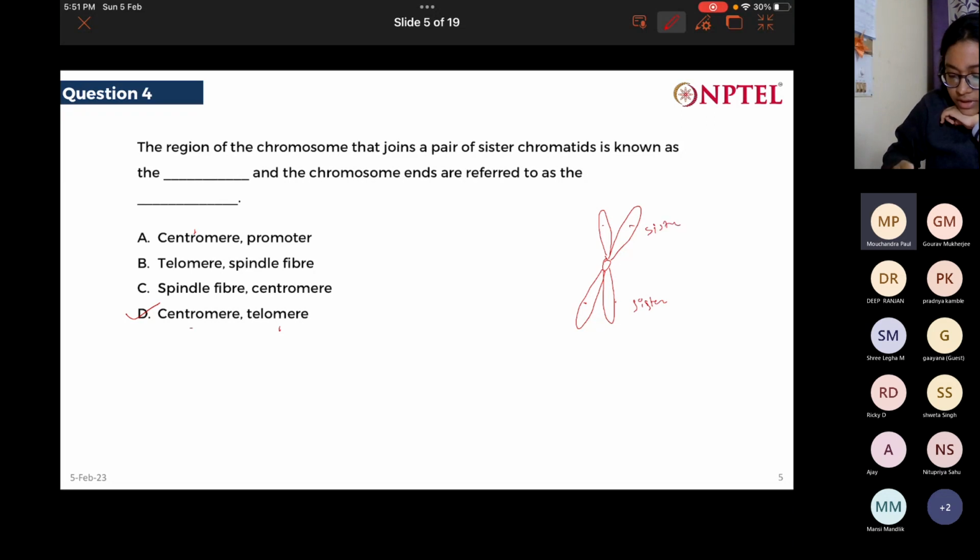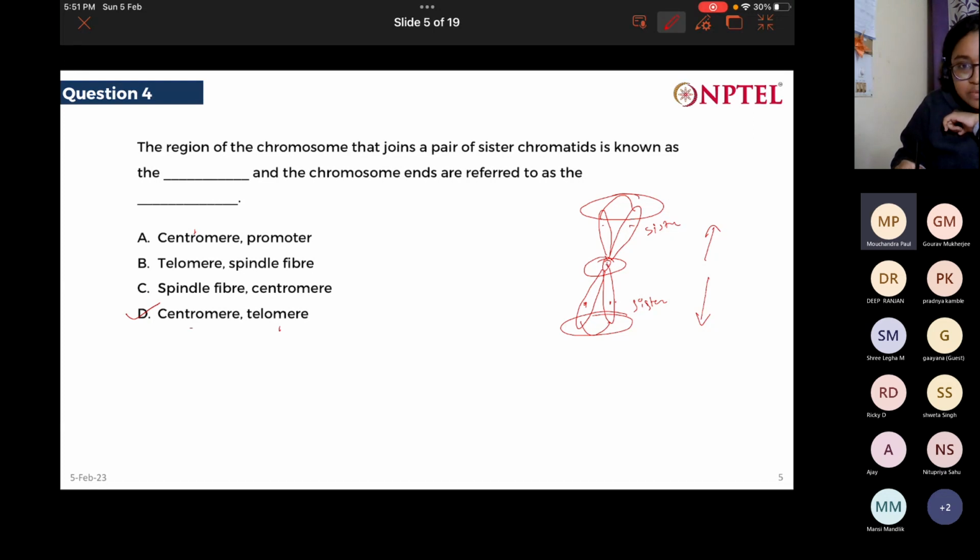sisters. And this sister chromatid and this sister chromatid are exact copies, because after metaphase, from this location, these two sister chromatids get separated in opposite directions. Correct? So what is this called? And then they are asking, what is this region called? So the center is called the centromere.